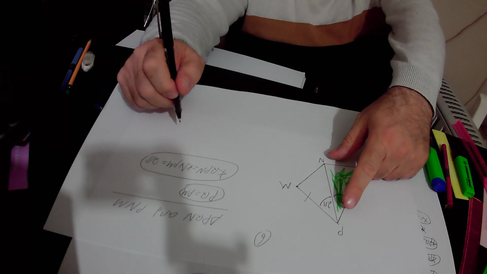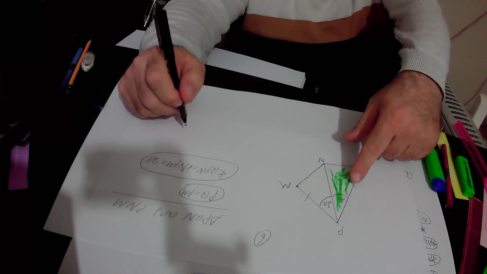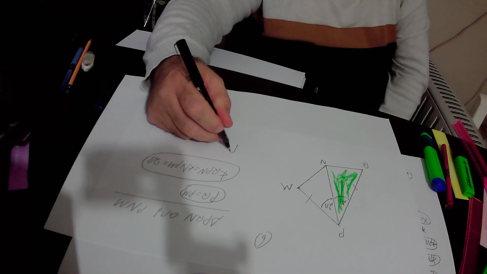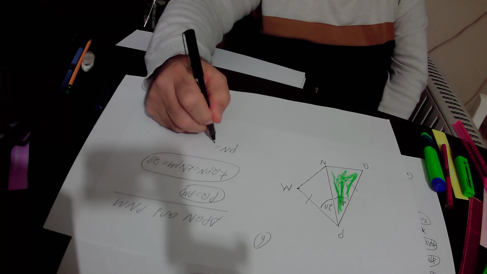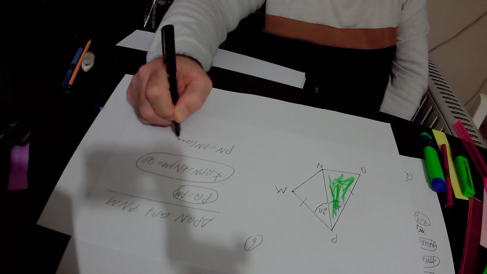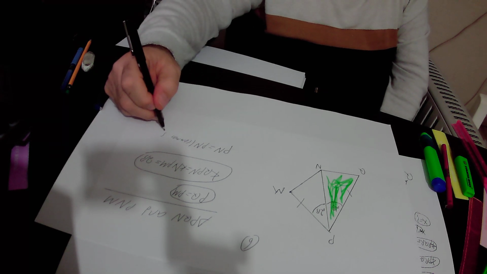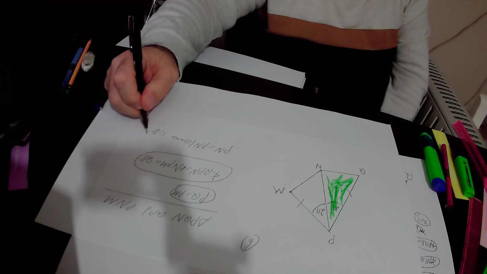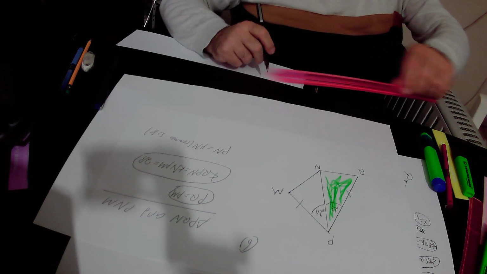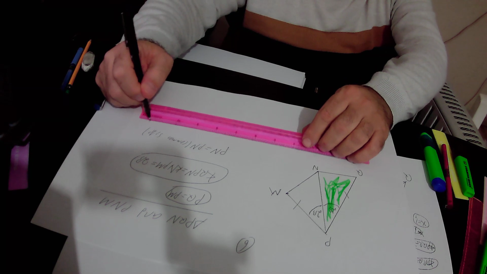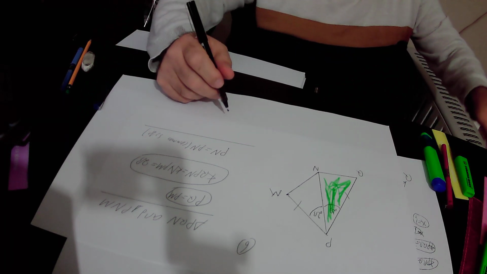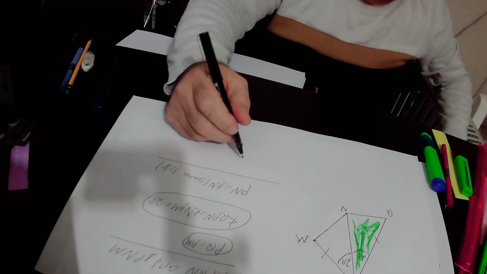And this side PN is a common side, it belongs to both triangles. So we can write down that PN equals PN. It's a common side that belongs to both triangles. Okay? So we actually proved that triangle PQN is congruent to triangle PNM according to side angle side rule.